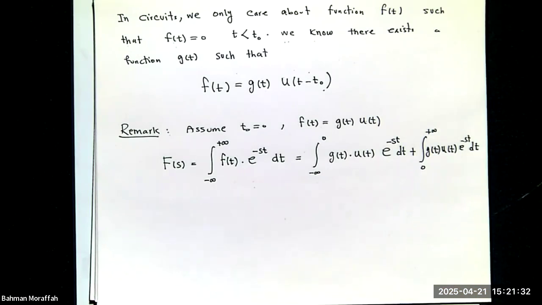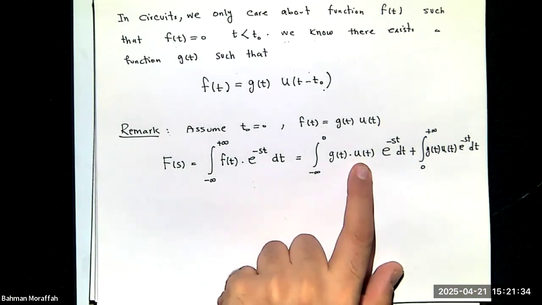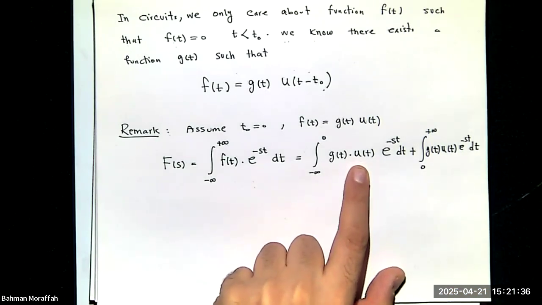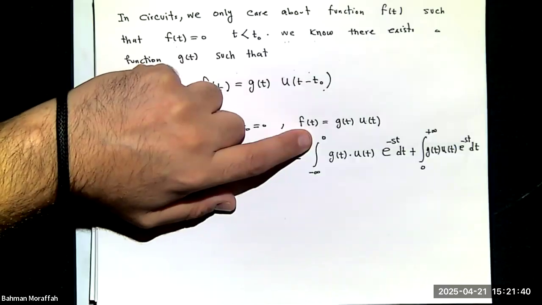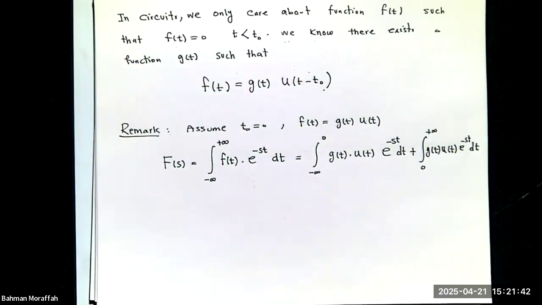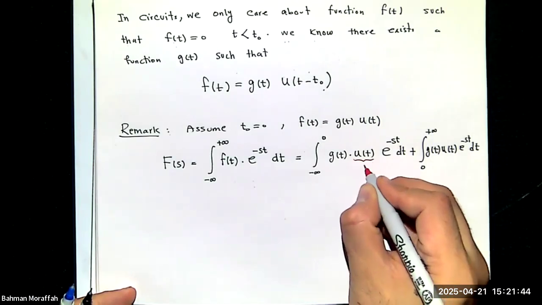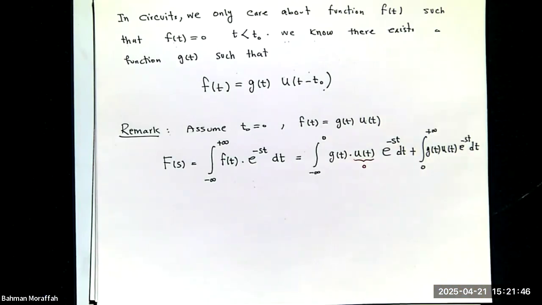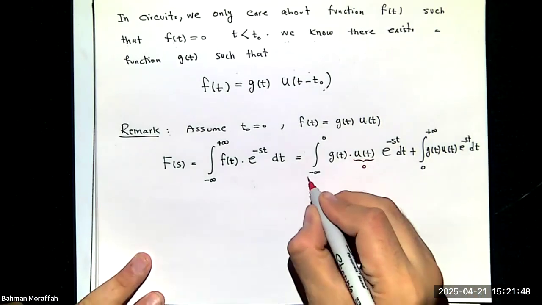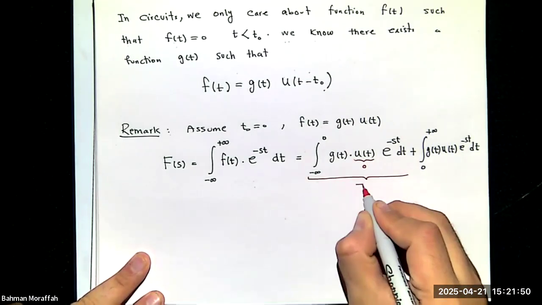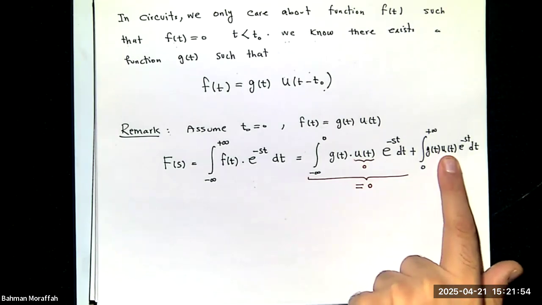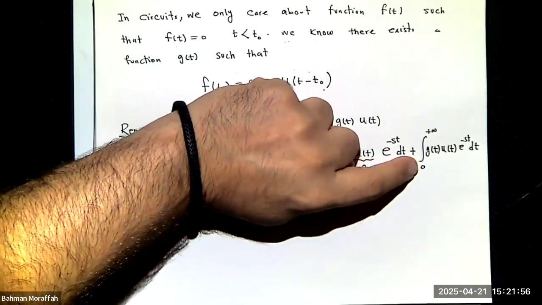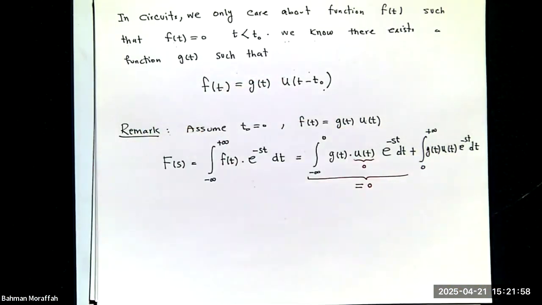What is this u of t for all the t's that are between minus infinity and 0? It is 0. What is the integral of 0? It's always 0. So this term over here is 0. What is this u of t for all the times greater than 0? That's 1.